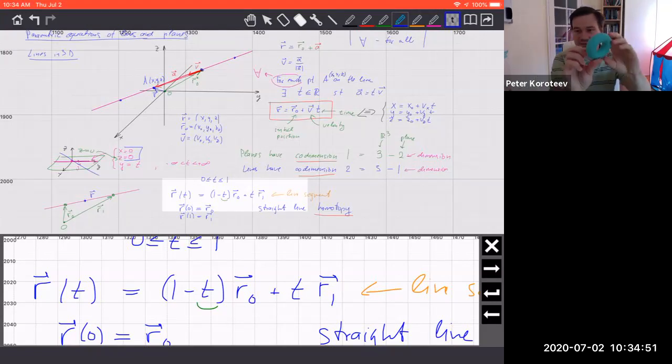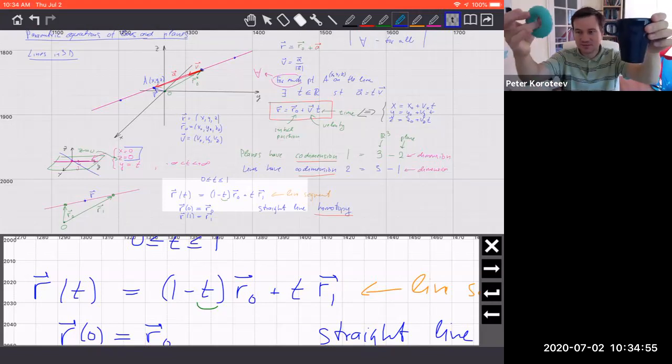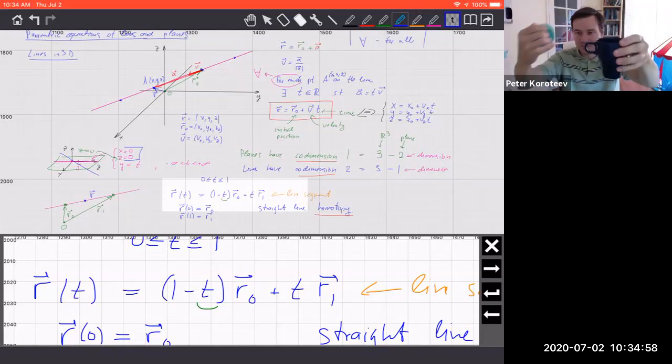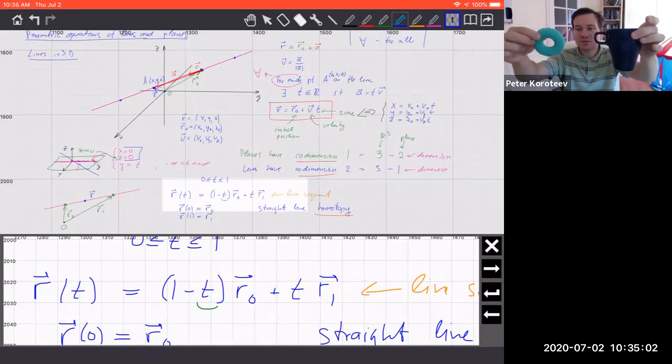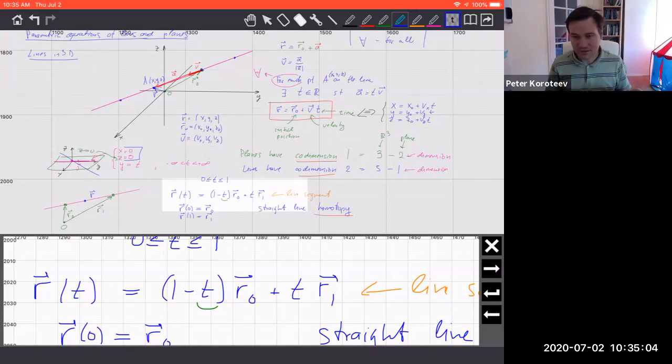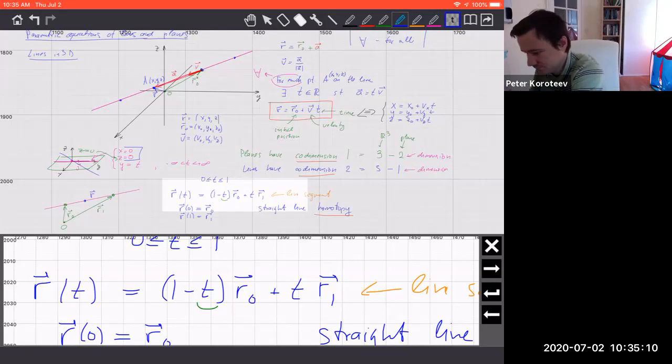They are similar because they have a hole in them. So these two shapes are homotopic to each other, and the way it's proven in topology is you construct an explicit formula, an explicit transformation like that.